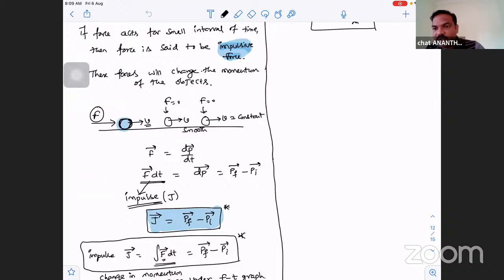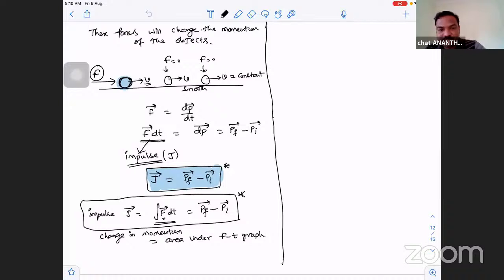Why? Because the force is acting for a small interval of time, but you cannot say whether it is constant or variable. Then impulse is equal to the integral of F bar dot dt, which is equal to P final minus P initial. I can write it as the area under the graph of force and time. We can say that is the change in momentum. So these are related to the integration part, basic mathematics.